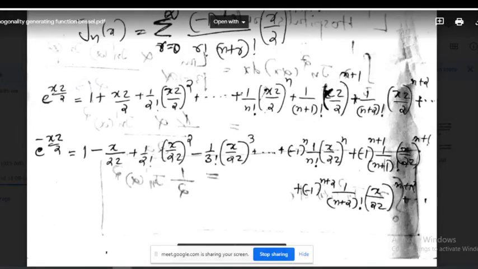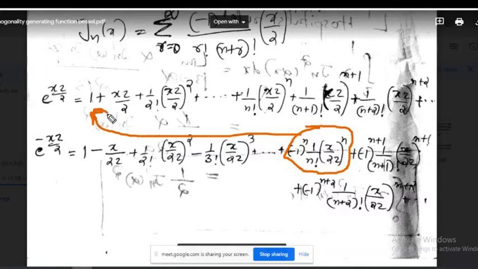How do you get the coefficient of z raised to minus n? If I multiply this term with this term.